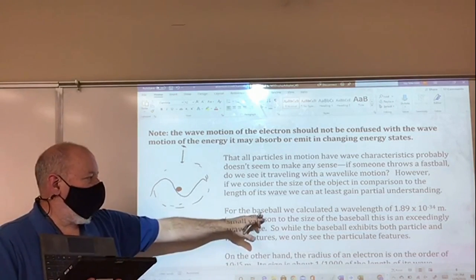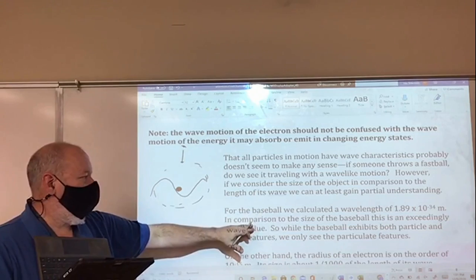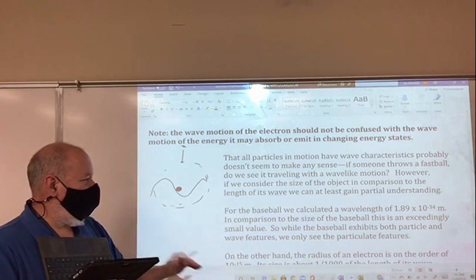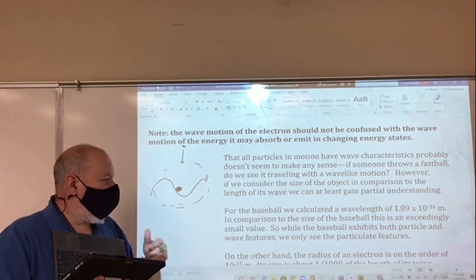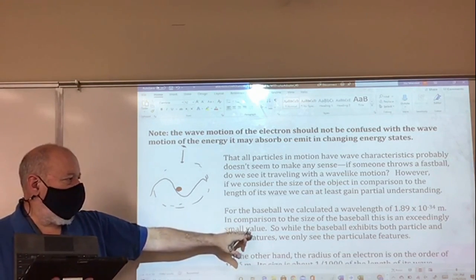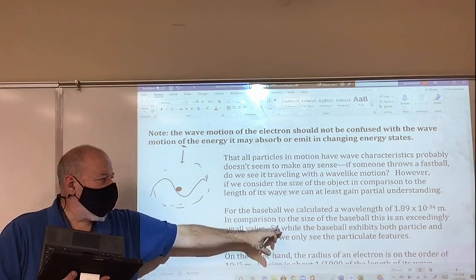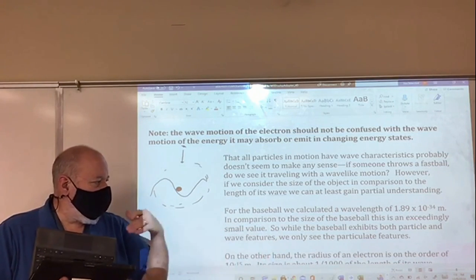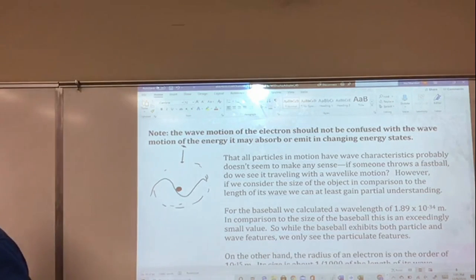For the baseball, we calculated the wavelength, you were right, Emma, of 1.89 times 10 to the negative 34th. In comparison to the size of the baseball, this is an incredibly small value. So while the baseball exhibits both particle and wave features, because the wave nature of it is so small, we only see the particle features.